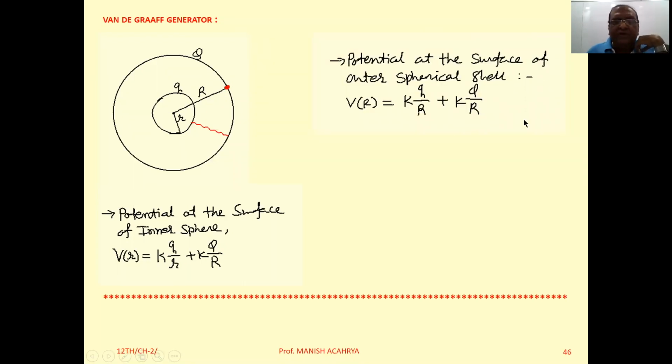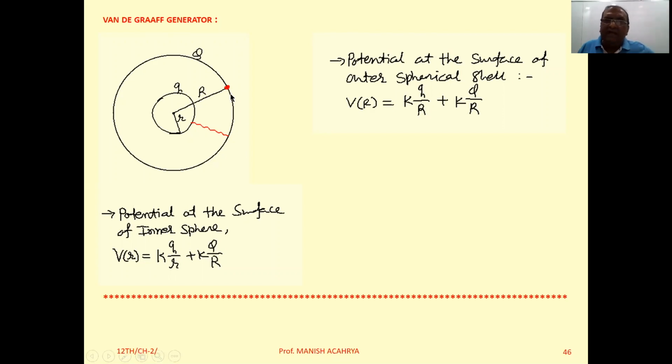Now the resultant potential at the surface of the outer one. So we know this thing: for the inner one, the charge q at the surface will behave as a point charge concentrated at the center for any point outside the shell or sphere.